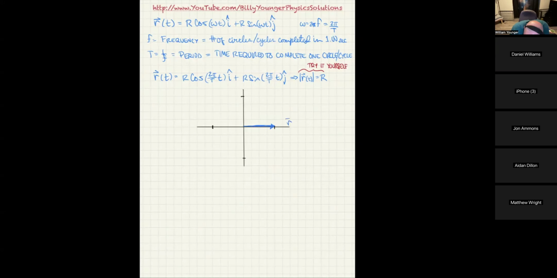And what I was just pointing to, this is r of 0. And in fact, this quantity is r. If we go up to here, this is r of t over 4. This is r of t over 2.